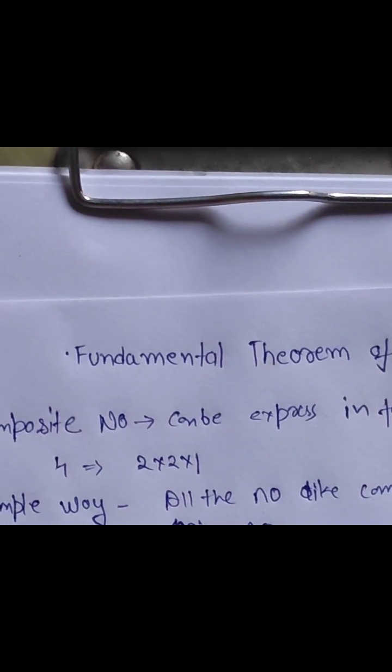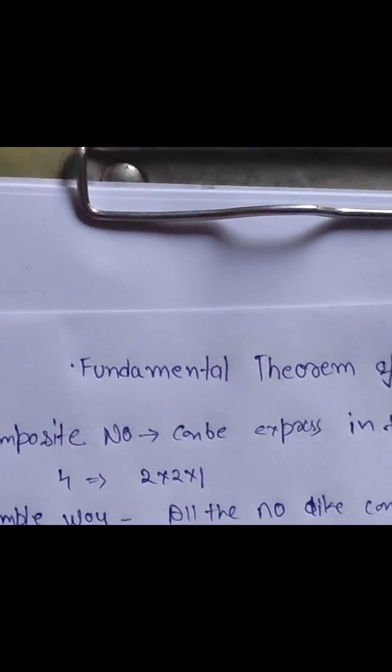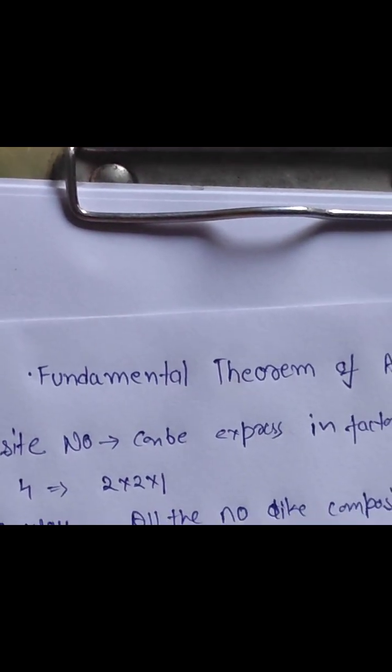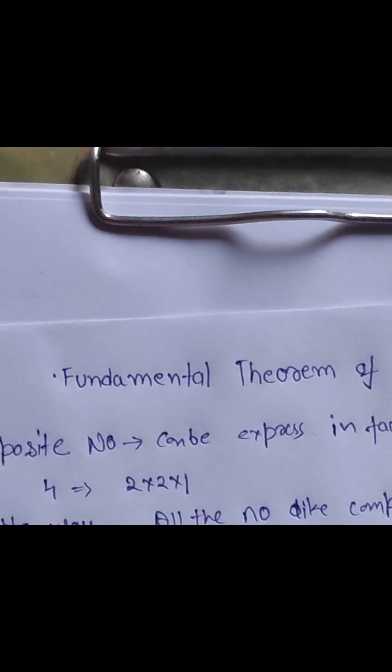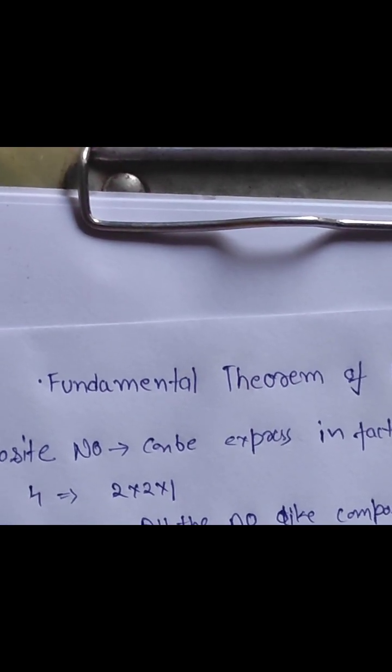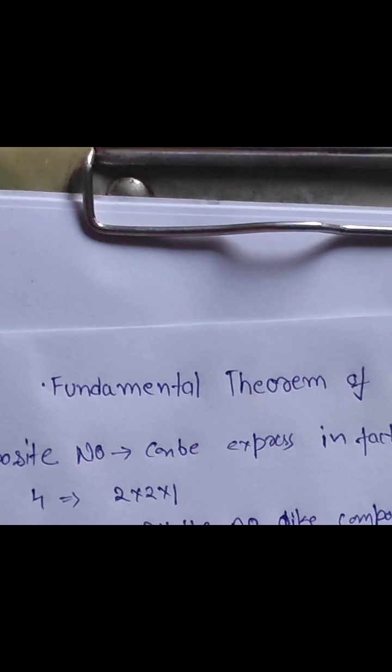Generally, for example, I have a as my composite number, so a is a factor of b into c, prime numbers basically, where b and c also belong to prime numbers.